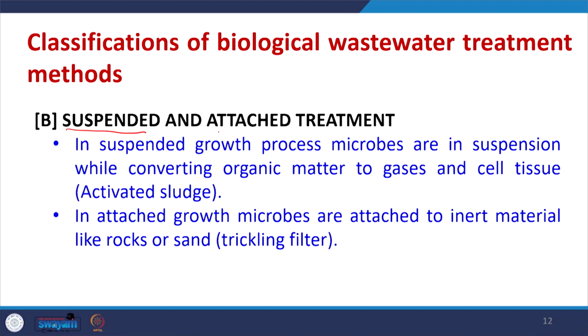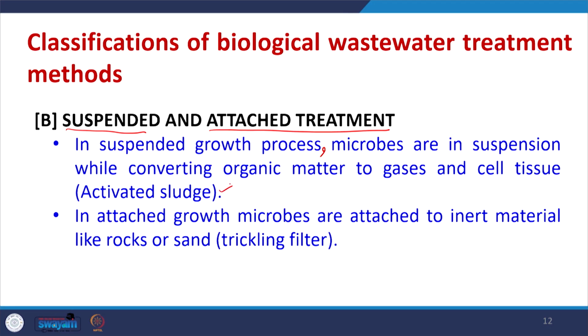Now, further the classification of biological wastewater treatment can be in the broader category of suspended and attached treatment. What do they mean? In the suspended growth process, microbes are suspended inside the water. So, that means they are in suspension while converting organic matter to gases and cell tissues.